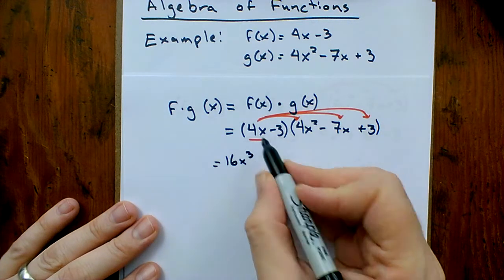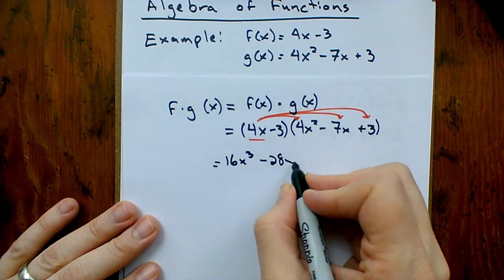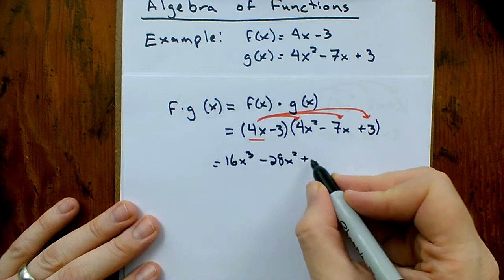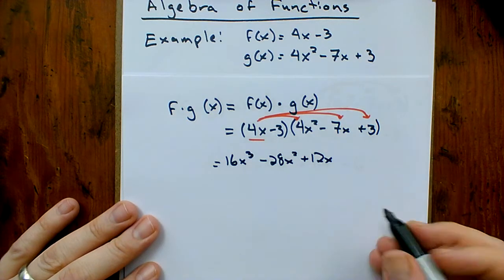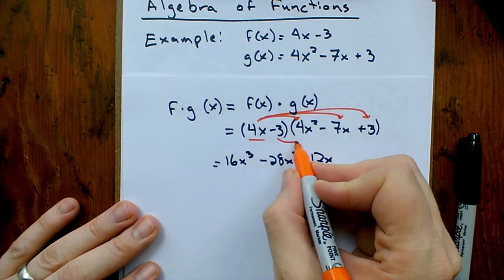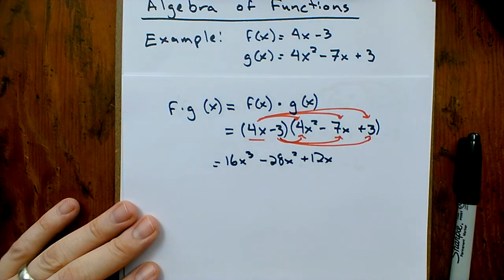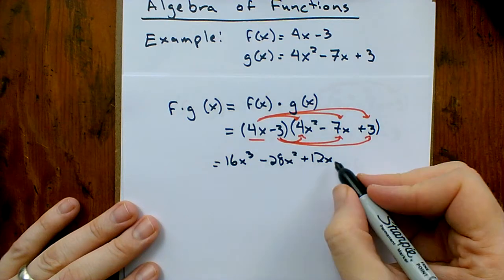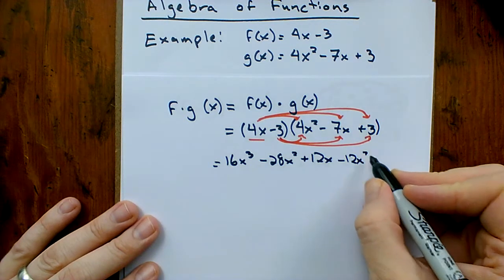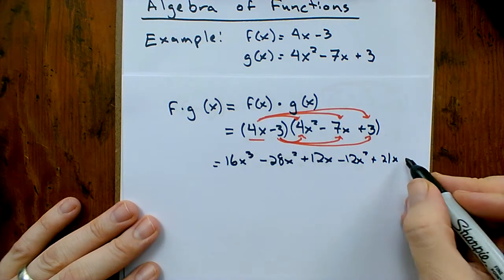is going to be 16x cubed. 4x times minus 7x is going to be minus 28x squared. And then 4x times 3 is 12x. Now we distribute this negative 3. So now I'm going to have minus 12x squared plus 21x and minus 9.